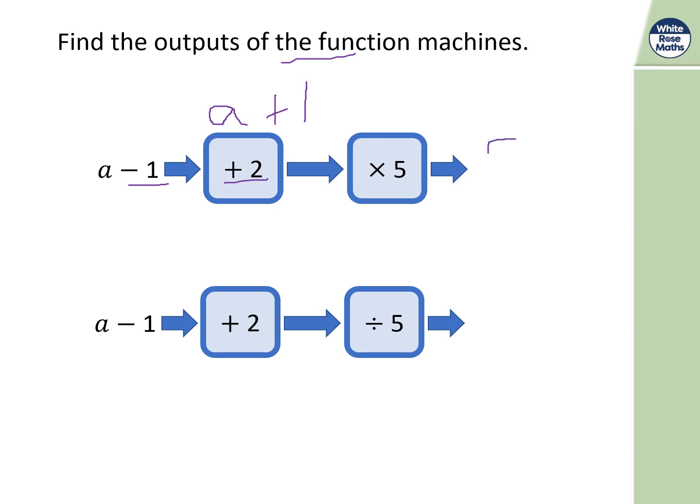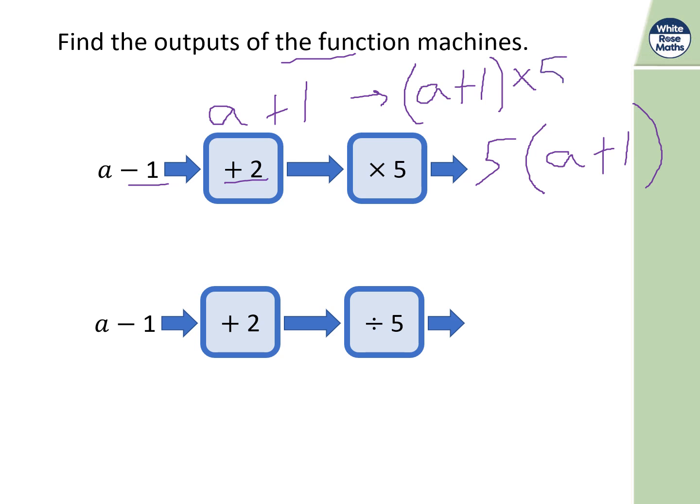So it is going to be 5 lots of a plus 1. Remember that a bracket means that I'm doing some timesing. I'm following BIDMAS here, so I do what's inside the bracket first, and then I multiply by 5.